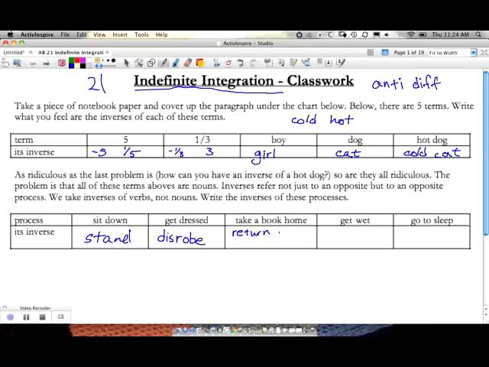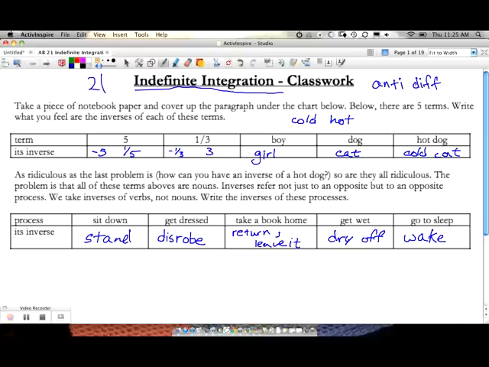Maybe we return it, or maybe we leave it. Either way. Get wet or dry off. Go to sleep, wake up. All those kind of words. We get the idea. You do it one way, you do it backwards. You do the opposite of what you were doing before.